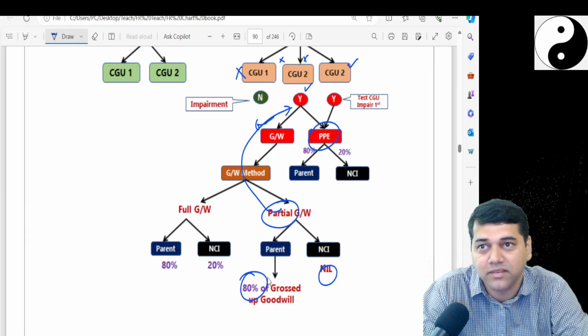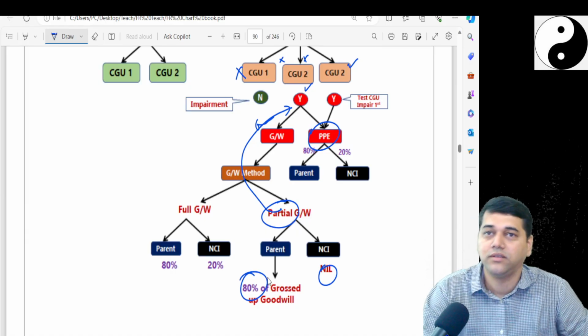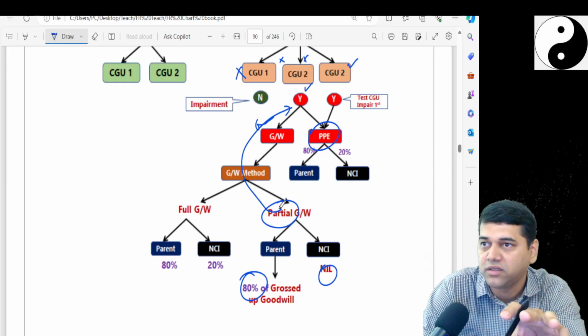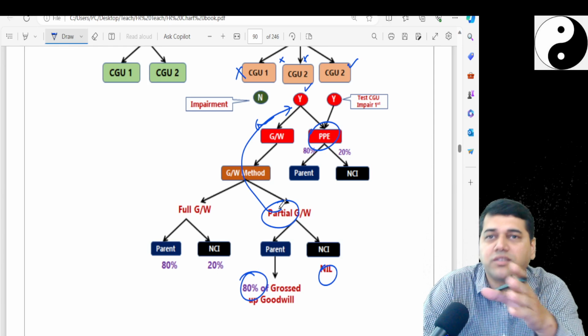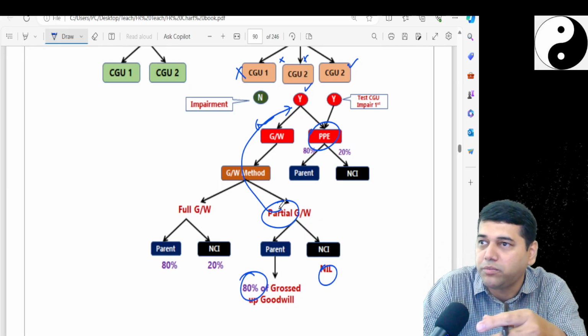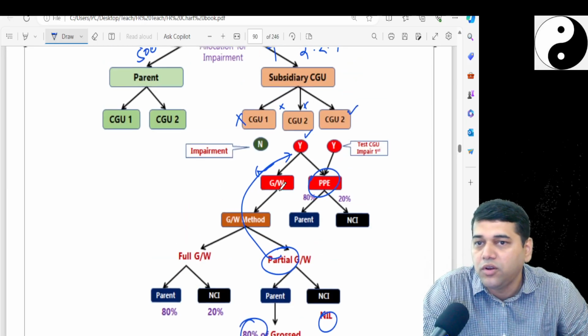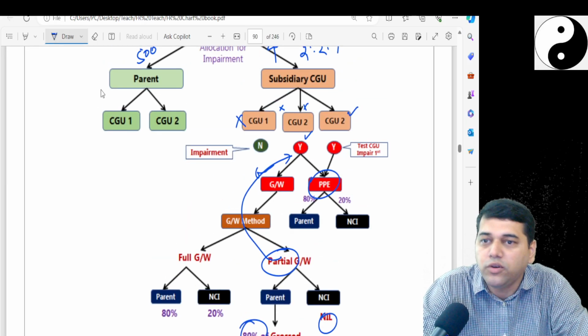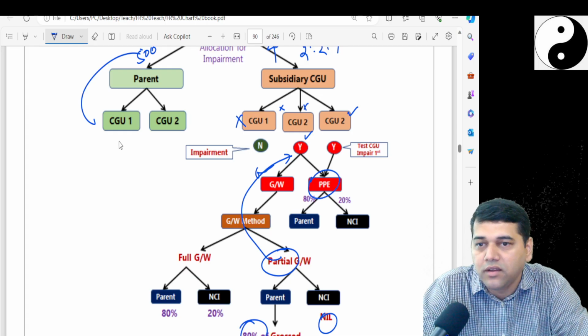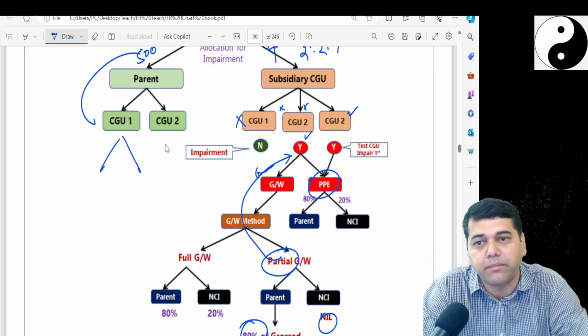Clean? Understood? Okay. So while practicing this, you apply this to the examination questions. You will see that the examination questions are done in this particular pattern only. There can be more permutations and combinations. One question I'll ask you: what if you allocated goodwill here also, 500? There is an impairment here. There is no impairment here.